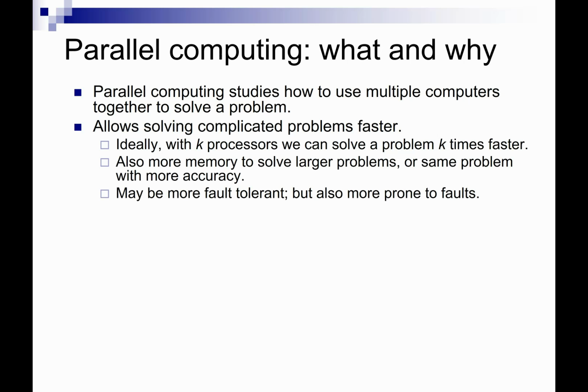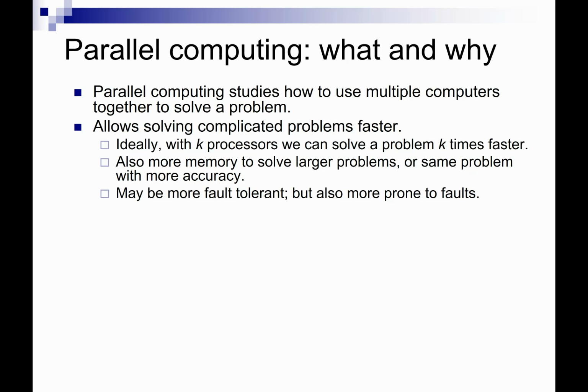If you have many computers, then altogether you have much more memory, and so you can do a much larger simulation. You can also do the same size of simulation, but with more accuracy. Because you have more memory, you can look at the data in a more precise fashion, and solve the same problem with greater accuracy.